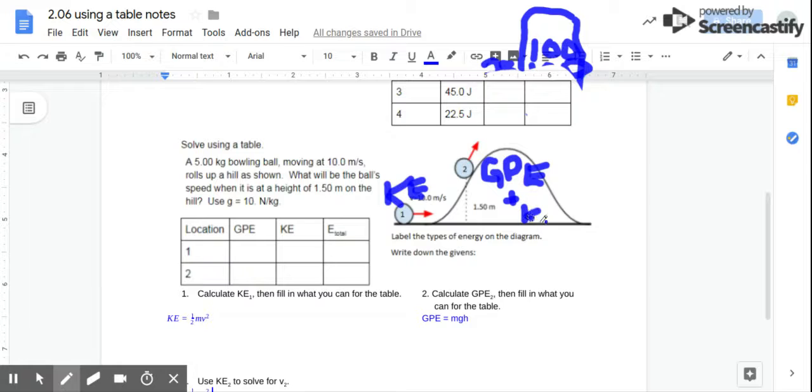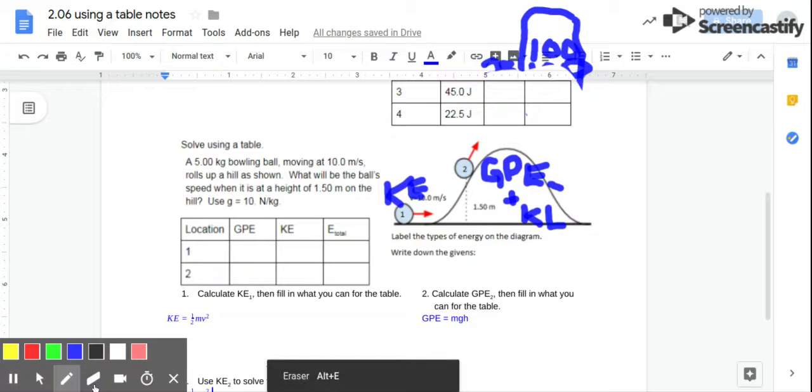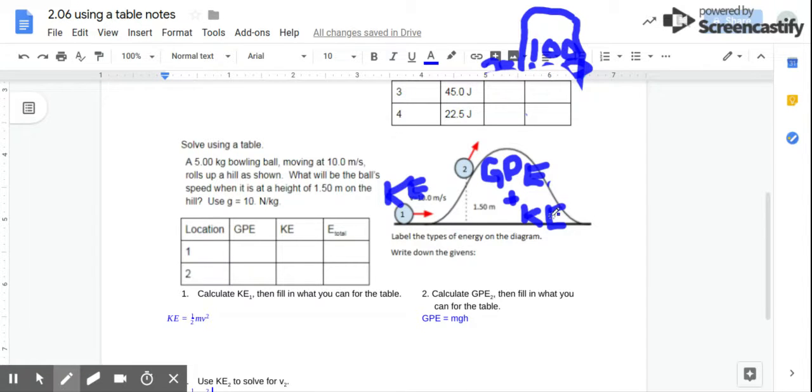Then we would know that there is no KE, so it stops right there for a split second, then it'll roll back down the hill. But there's no problem in assuming there's going to be KE, even if we're not completely sure that it still will have a speed.